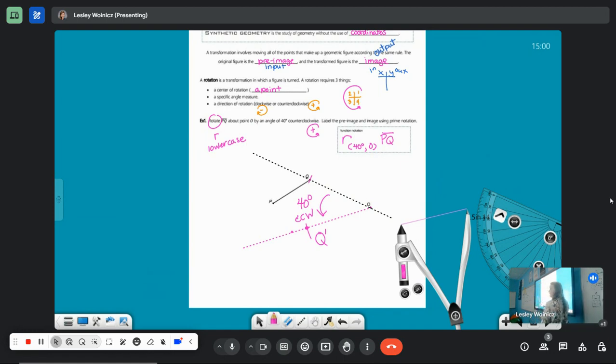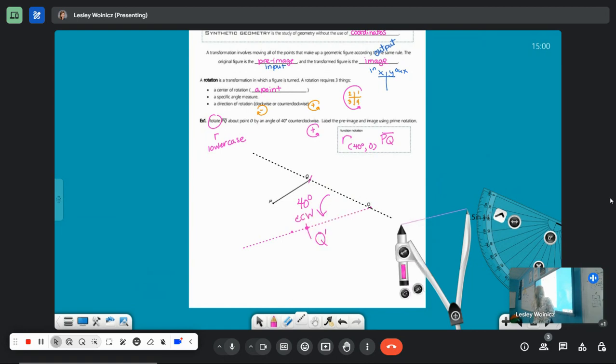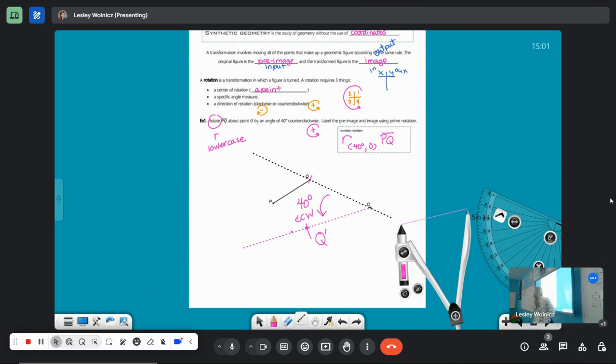We're going to do the same thing for P. So I need another auxiliary line going through points O and P. Okay, get your protractor.